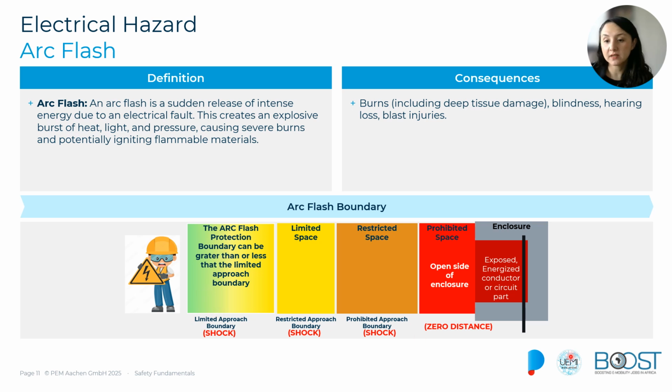So it is not something that is standardized for all industries; depending on the voltage or what type of arc flash we may have, we need to define those boundaries. At the beginning we have this arc flash boundary, that is the minimum distance, basically the distance at which we are safe from the exposed energized conductor or the circuit parts that are a potential source of this arc flash.